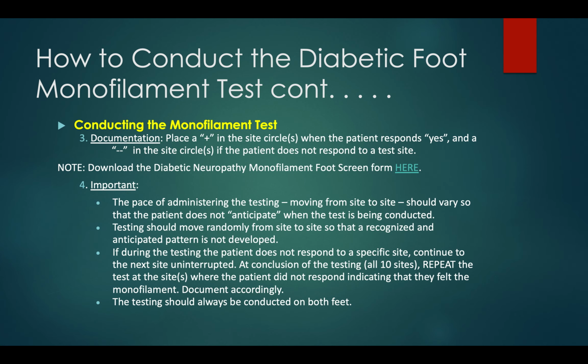When you're actually conducting the test and you have a place where the patient does not respond at a specific site, they did not feel the monofilament test, don't stop there. Just continue on to the next site and the next site. Do that uninterrupted. At the conclusion of your testing, when you've done all 10 sites, repeat the test at the site or sites where the patient did not respond.